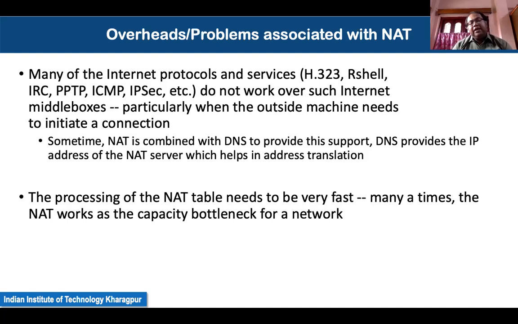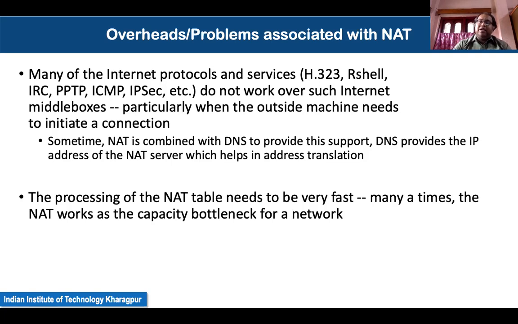And the second overhead associated with the NAT is that the processing of the NAT table needs to be very fast, because for every packet coming to the NAT, you need to make a translation in the packet header. That means you need to make a mapping with the help of the NAT table, and then change that particular field in the packet header. So there is a need for modification in the packet header for all the packets.